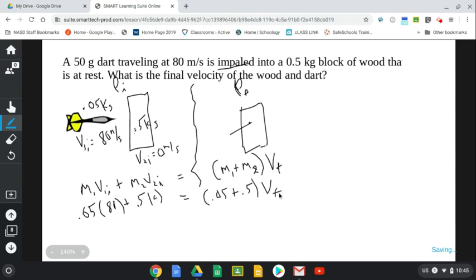Okay, a little calculator action here. So 80 times 0.05 is 4 plus 0. That's 4. It's going to be equal over here to this side.